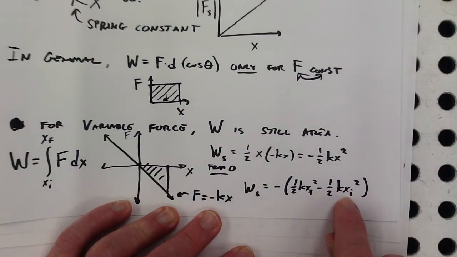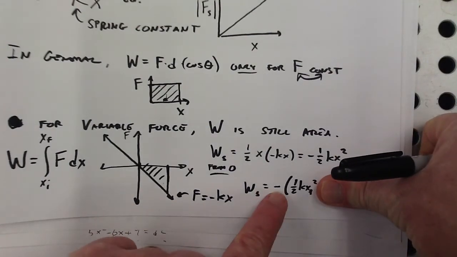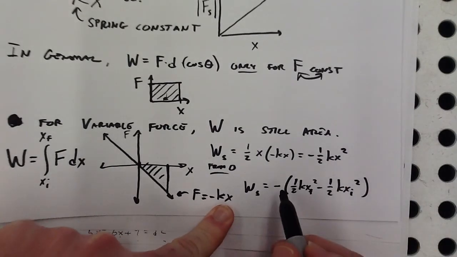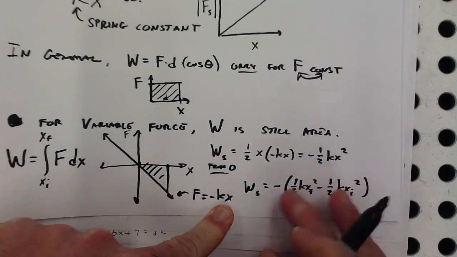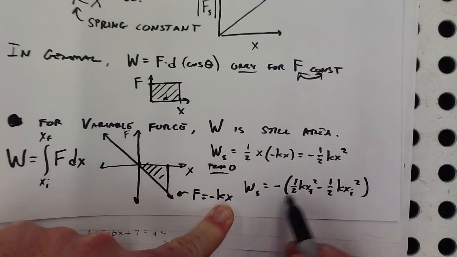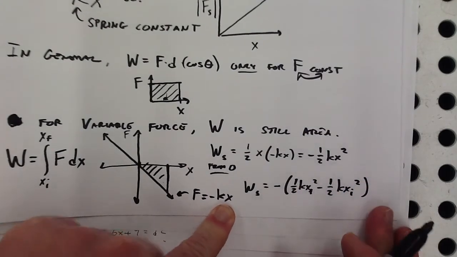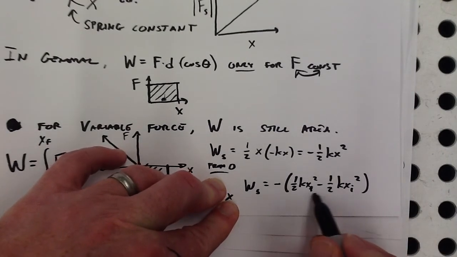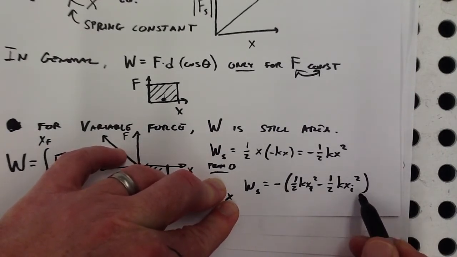And then, of course, if x initial is 0, that goes away, and you just get this. Now, you might be wondering to yourself, why would you write it with a negative sign out here and then another negative sign? Why wouldn't you just distribute that and have the initial minus final? I am happier writing it this way because it has the final minus initial, right?